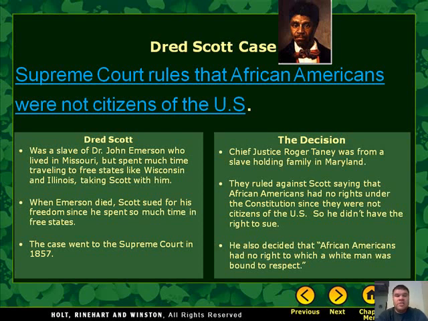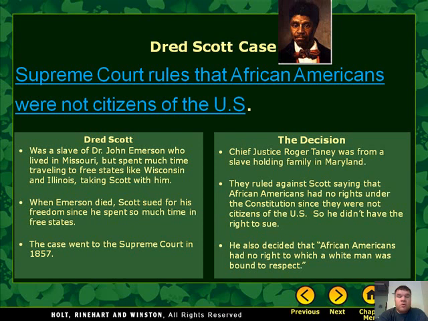The case goes all the way to the Supreme Court in 1857. And the Chief Justice of the Supreme Court, a man named Roger Taney, who was from a slaveholding family in Maryland, says that because Scott isn't a citizen, because he's an African American, he has no rights under the Constitution, and he didn't have the right to sue. They shouldn't have even been there. And so he decided that African Americans had no right which a white man was bound to respect.